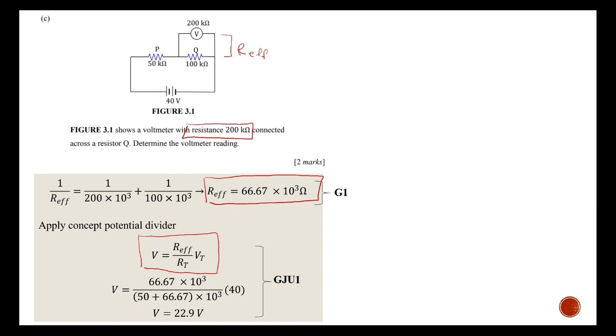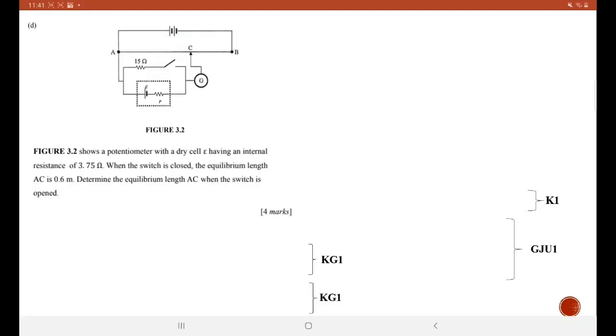Now we can use the potential divider equation: R effective divided by R total, where R total is 50 plus R effective, and V total is 40 volt. We directly get the voltmeter reading across resistor Q, 22.9 volt. 2 marks.